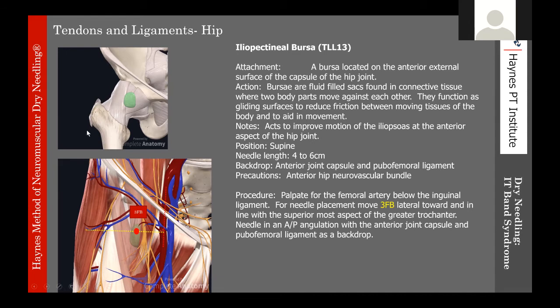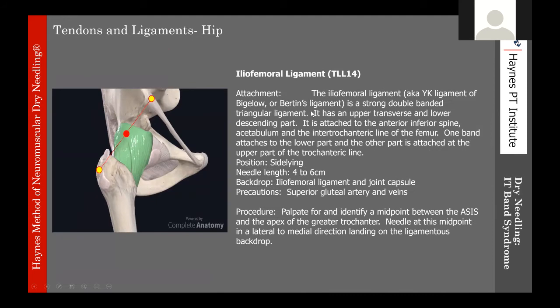But if you resolve some of the more true lateral aspect condition, and you still are dealing with a little bit more anterior, you may want to look at that issue as well, because there may be a movement issue, maybe iliopsoas is a little bit tight, and we need to come in there. A lot of times we can hit iliopsoas at the same time as we're hitting this bursa. So the iliopectineal bursa is also something to include in the toolbox of tissues that can be treated.